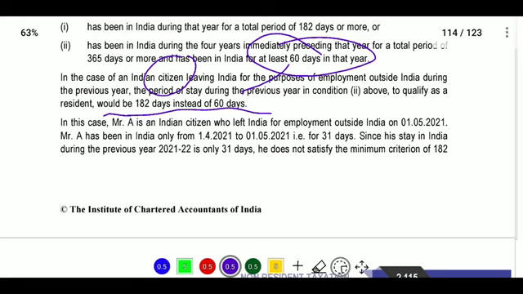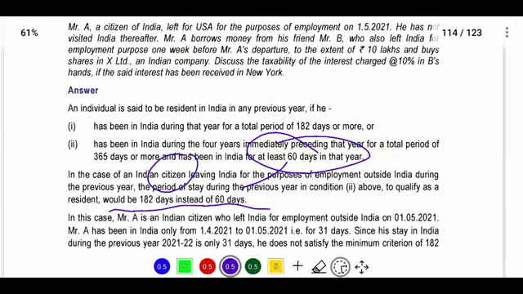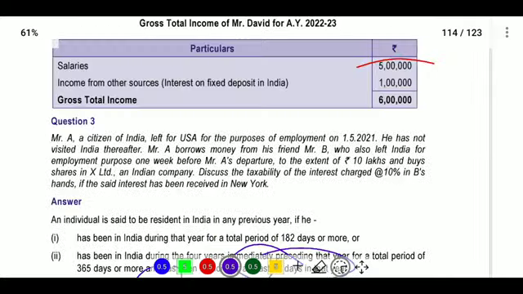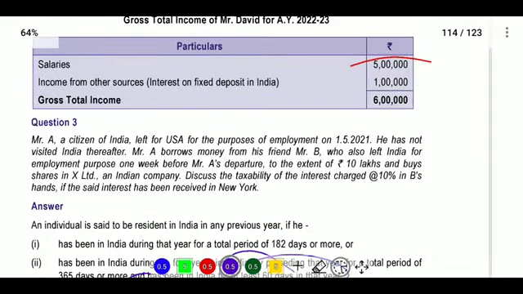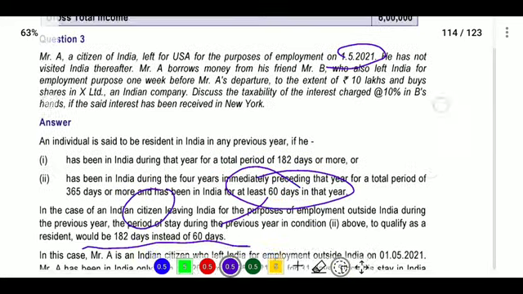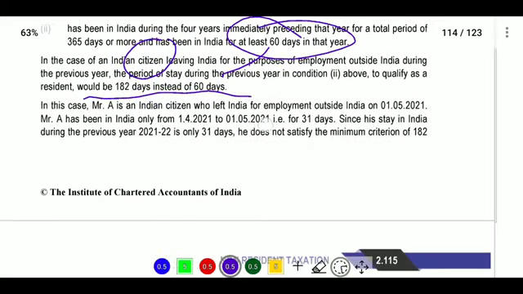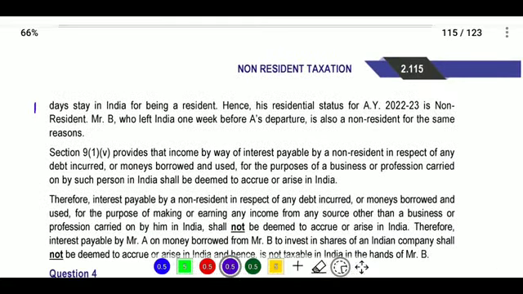182 days condition: when he went outside India, we will see if he went outside India for employment on 1/5/2021. So 1/4/2021 to 1/5/2021, it was 31 days. Since his stay in India during previous year 21-22 is only 31 days, it does not satisfy the minimum criteria of 182 days stay in India for being resident.